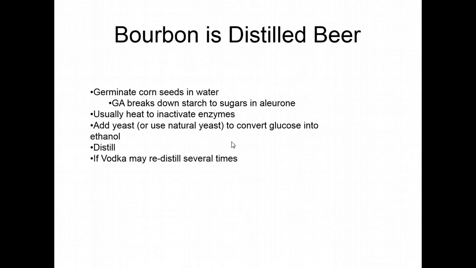So you germinate the corn, and one of my students, I have a PhD student that runs a brewery in Houston. He's probably going to give you a lecture on brewing. What you need to do is convert that starch into glucose.